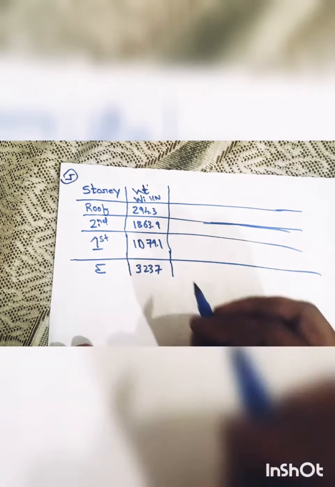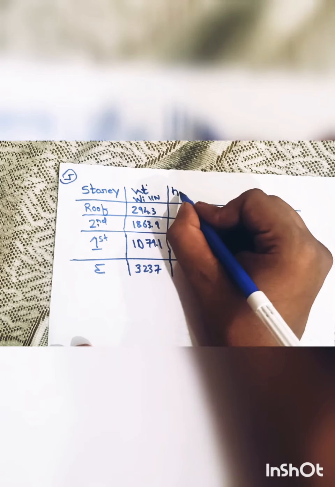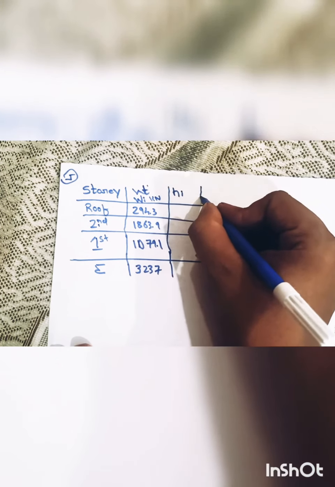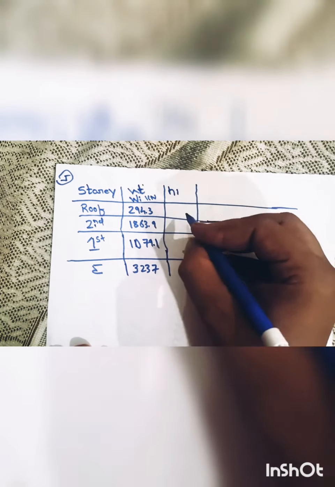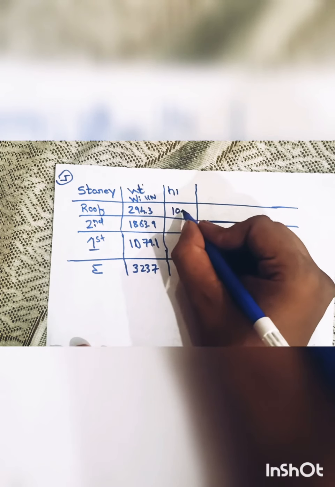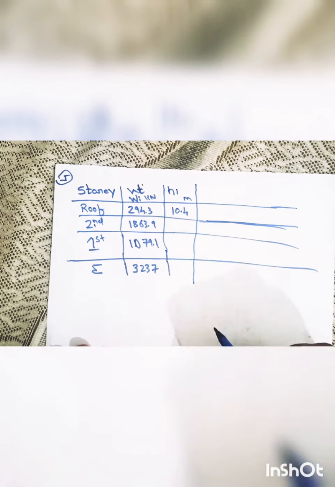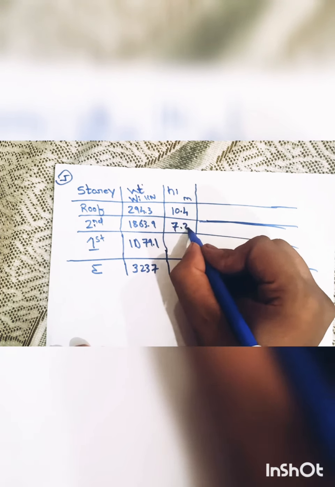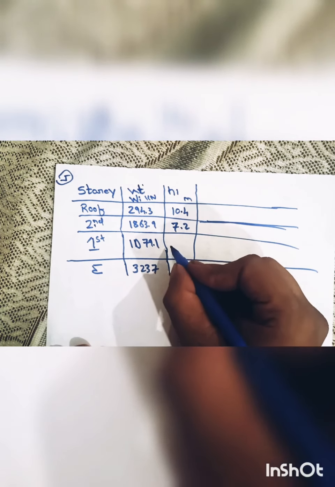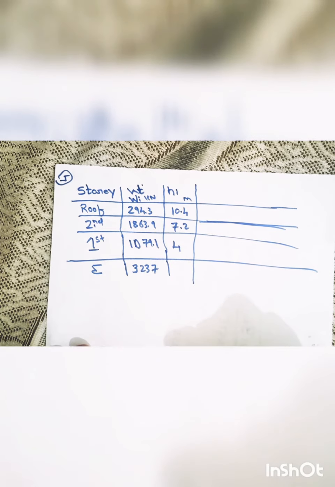Total weight. Then I require height of the structure. So from the ground till the roof, the total height is 10.4 in meters. From the ground till the second floor, it is 7.2. From the ground till first floor is 4.